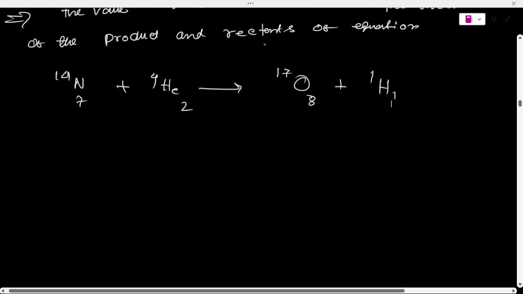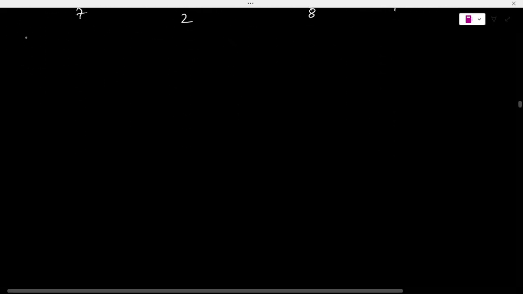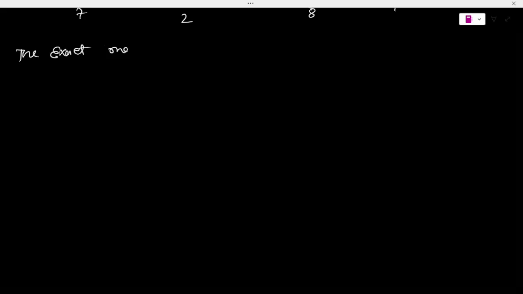Okay, so the exact mass of nitrogen 14 is equal to 14.0031 atomic mass units, which we already know.